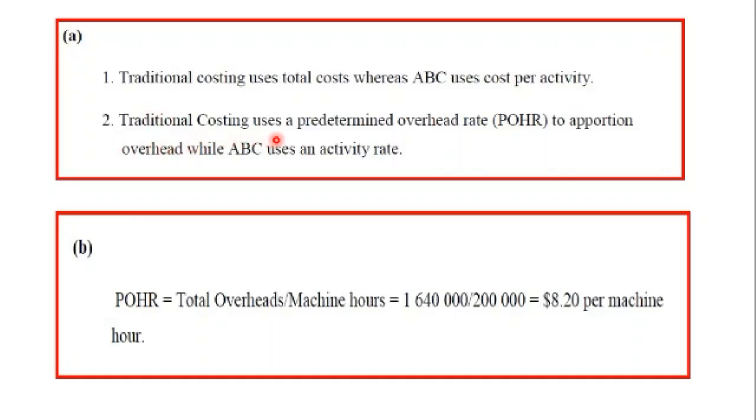Traditional costing uses a predetermined overhead rate, POHR, to apportion overhead, while ABC uses an activity rate. Now, this POHR could be plant-wide, as in the case of this problem, or it could be departmental.